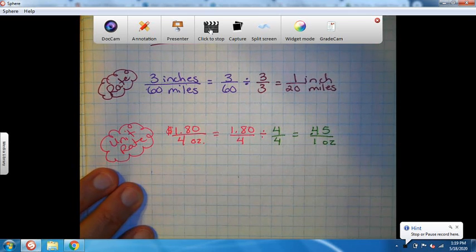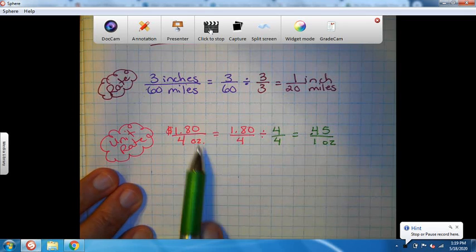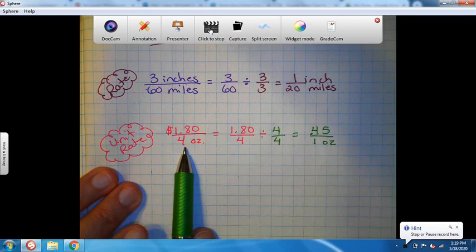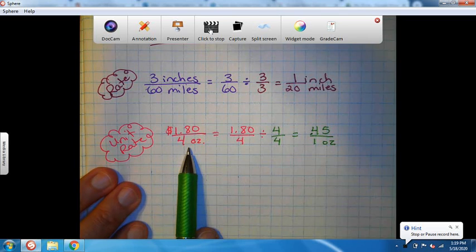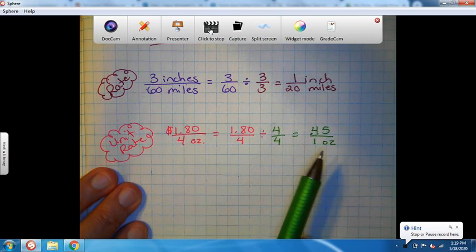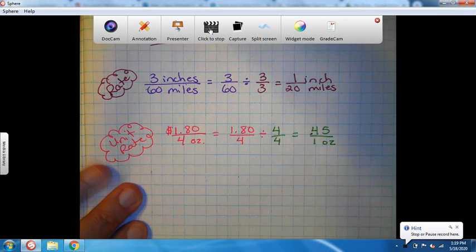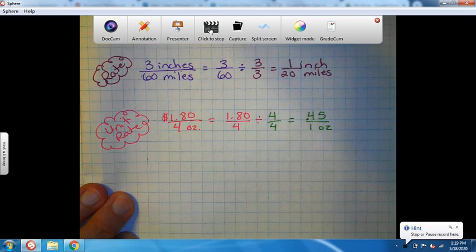Okay? So 45 cents for 1 ounce. Now, if you're comparing another item, like, so let's say this is a jar of peanut butter or something. So for 4 ounces of peanut butter, it's $1.80, but for 1 ounce, it's 45 cents. So you can compare another one.